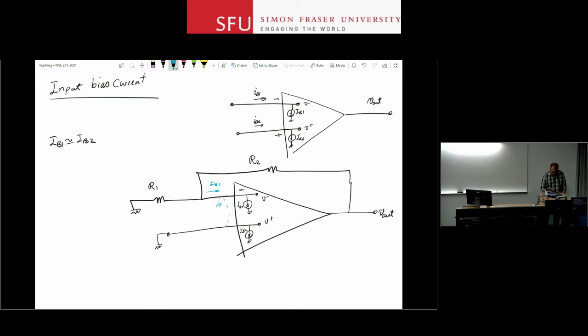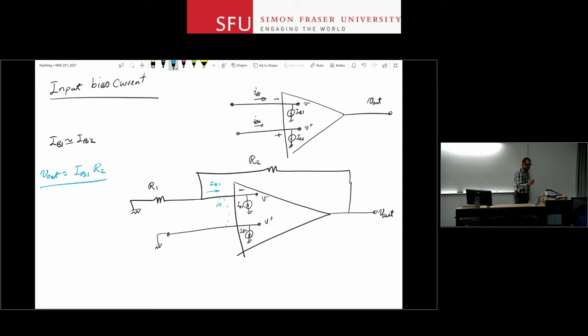All of IB1 goes through R2. So Vout is going to be equal to IB1 R2. You get a DC voltage at the output, produced by the bias current at the input. The values for typical op-amps, even the old ones, are on the order of nanoamps, maybe in the worst case microamps.